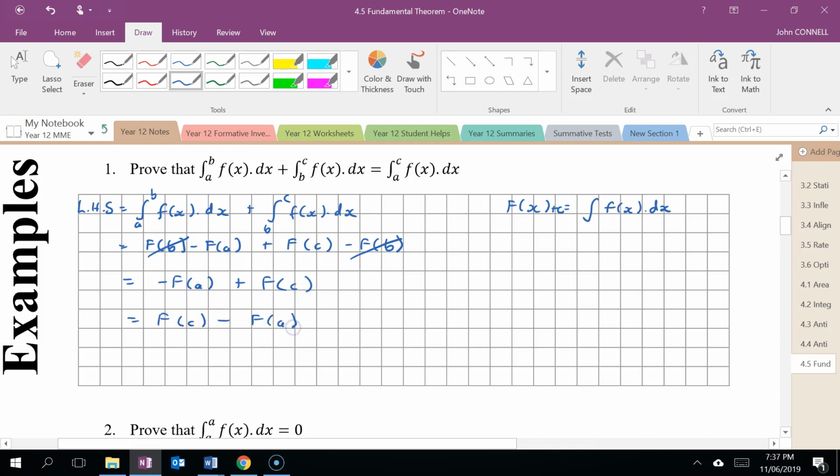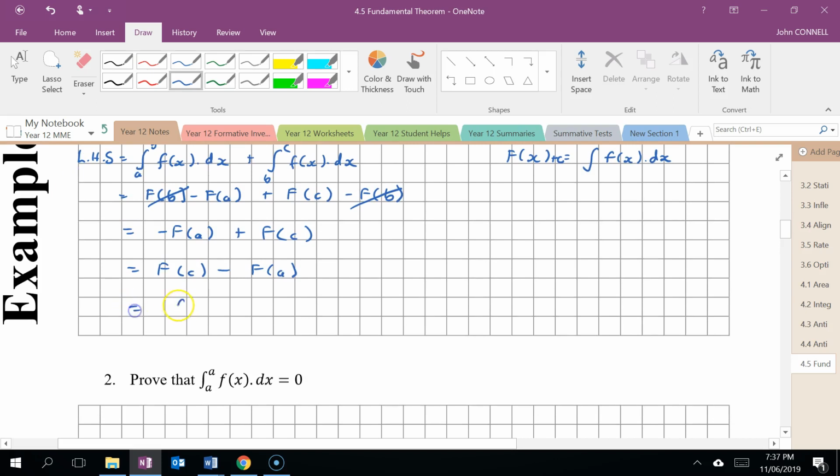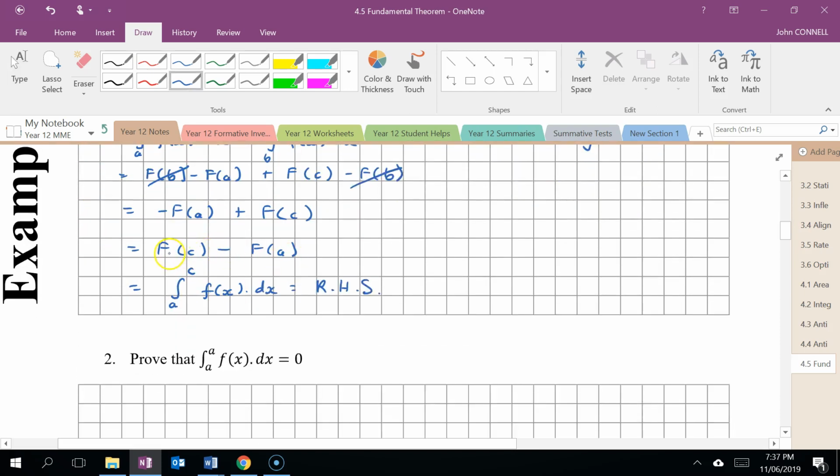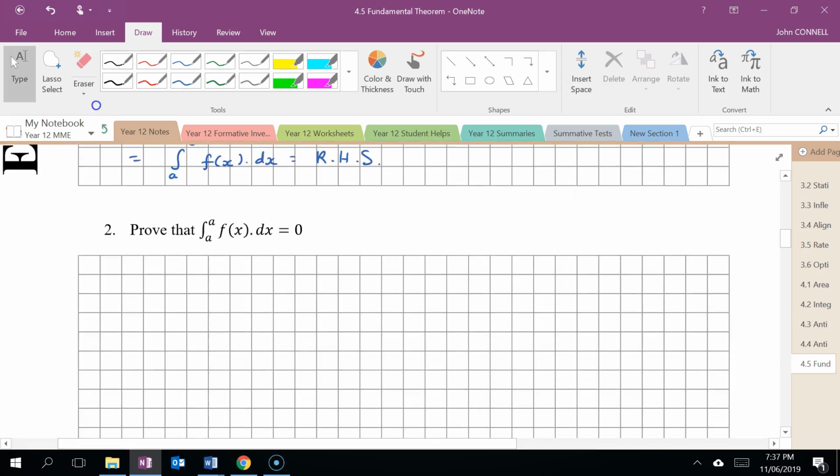But if we consider that closely, then we can just say that that's the integral from a to c of f of x dx, which is equal to the right hand side. So we've used the fundamental theorem of calculus in its forwards direction here to write it in terms of capital F of x, and backwards here to go from capital F of x to lowercase.